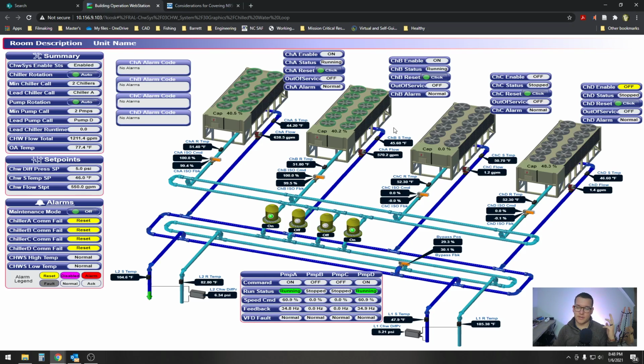And you know that by looking in the manual, and it says, okay, this Cray unit will remove 30 tons of cooling, but it'll be at 72 degrees return temperature, 50% relative humidity at 46 degree water temps. So that's where we get that 46. Those Crays have to have 46 degree water to remove the amount of energy that they're rated for. And of course, there's an entire chart which we won't get into, but that's where we get that 46 number.